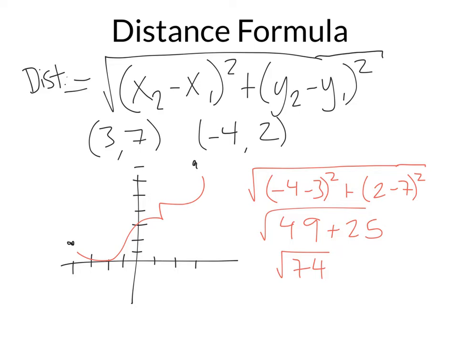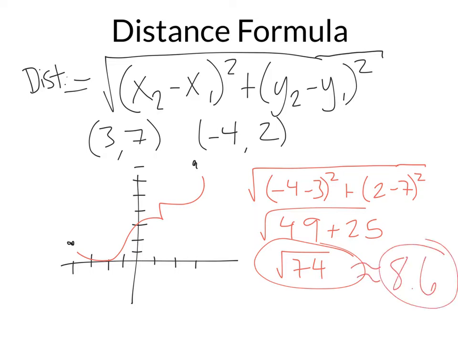And beyond that, we're already too big to divide 74 nicely. So this is our final answer. Okay? It cannot be factored down and simplified at all. We could get a decimal approximation for the square root of 74. That would be about 8.6, so roughly 8.6. Cool. I just got that by plugging it into my calculator.